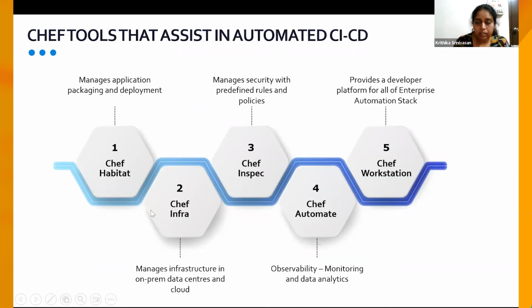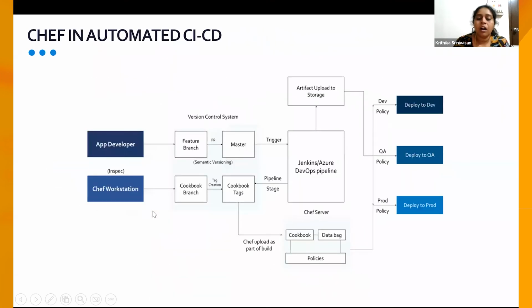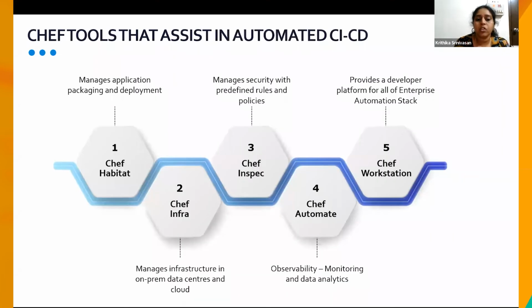Now, the major tool set that helps Chef get through this, say, continuous deployment along with continuous security. There are 5 Chef tool stacks that help the entire Chef module achieve this scenario: Chef Habitat, Infra, Inspec, Automate, and Workstation.